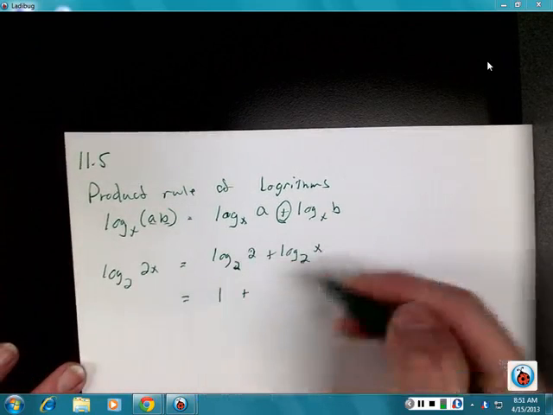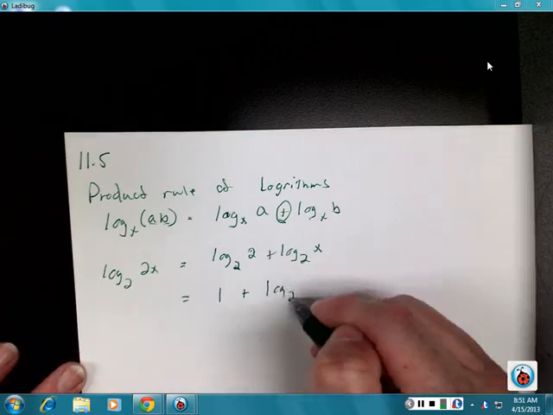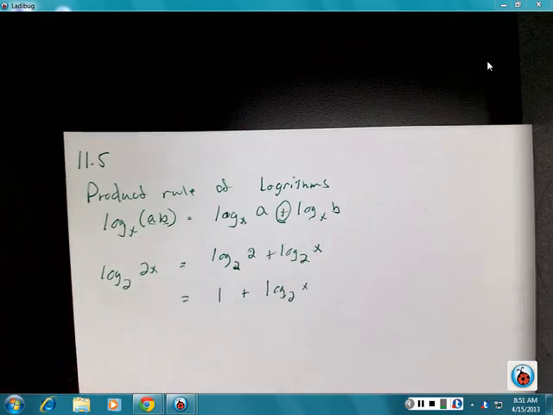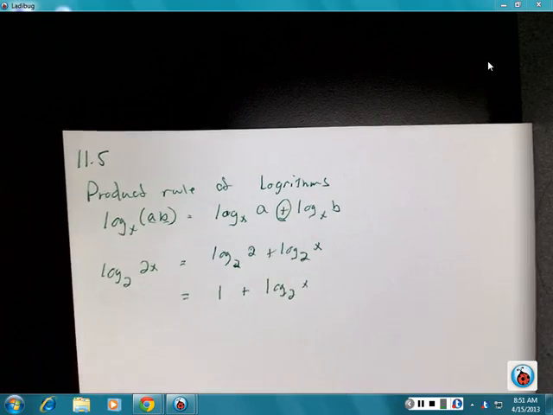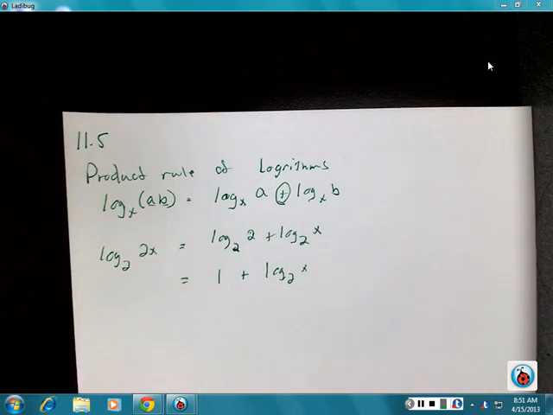So this would actually be 1 plus log base 2 of x, and you would end up breaking it one step farther to come up with what your solution would happen to be for that one. And so you can break them apart and do more stuff with those. And we'll do more practice with this stuff as we get into the practice part that we have. But I wanted to get all the rules or the laws out here.